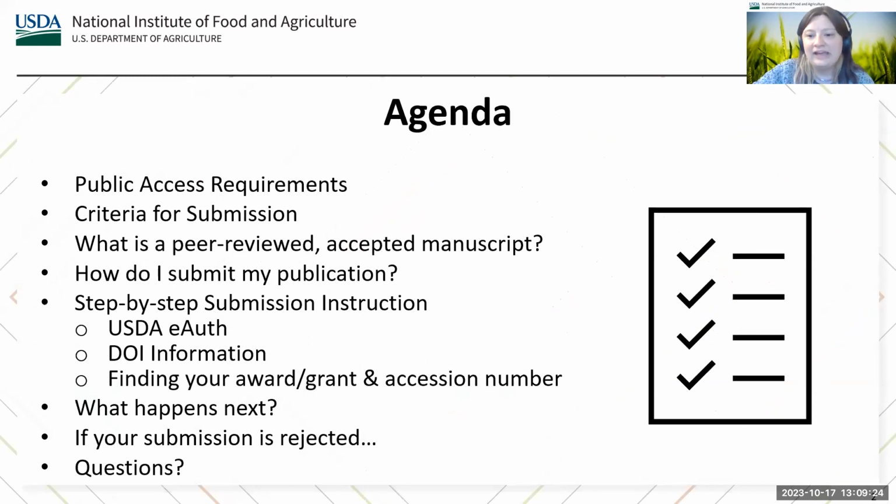The agenda today contains information on public access requirements, criteria for submission to PubAg, definition of a peer-reviewed accepted manuscript, and how-tos with step-by-step instructions for submission with screenshots. After that, we'll be talking through what happens after submitting to PubAg and what to do in the event your submission is rejected, followed up by opening the conversation for questions and comments at the very end.